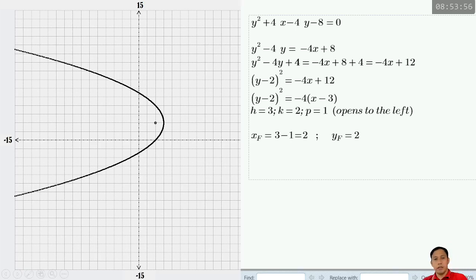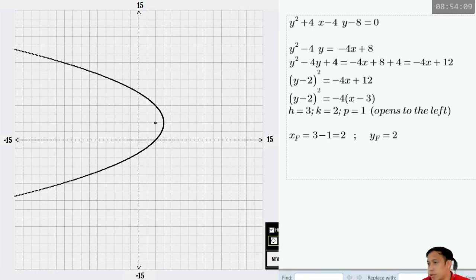The focus is there. Okay. Ayos. Be, tingnan natin again yung letter B.